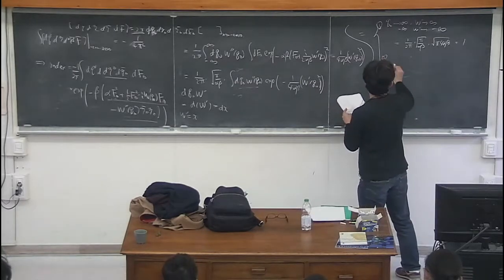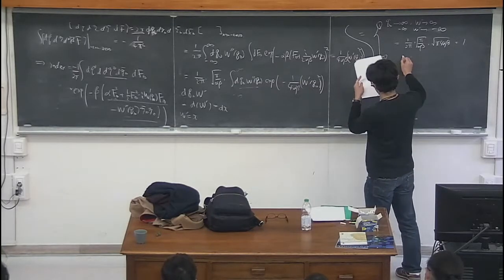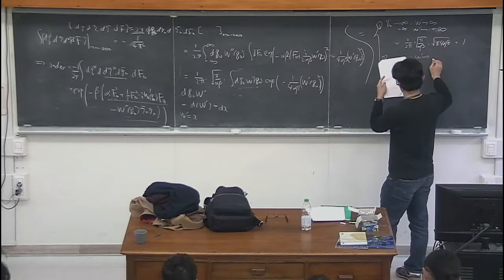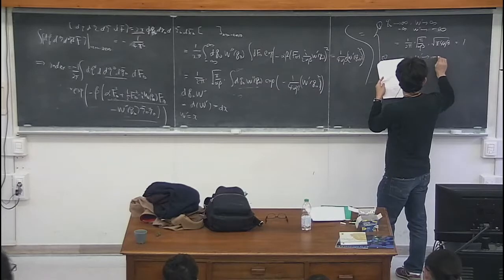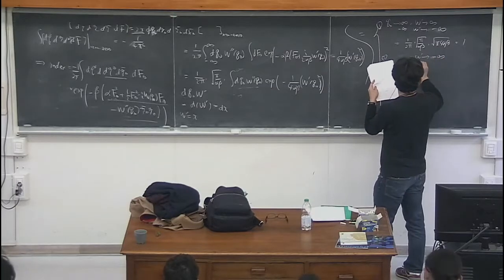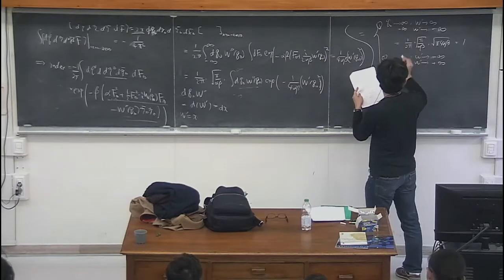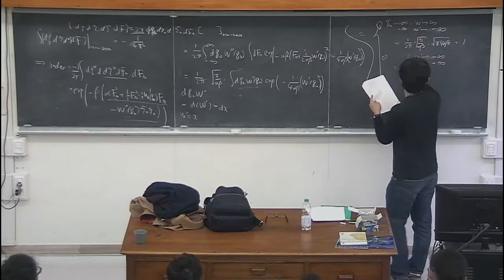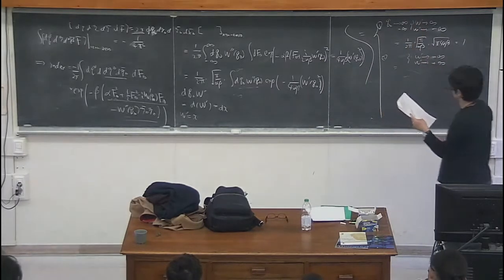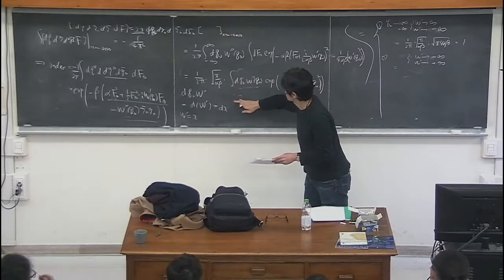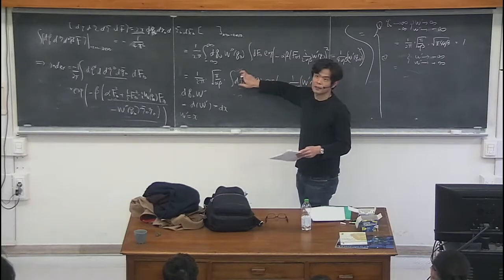And 2, if w prime is minus infinity and w prime is plus infinity, in this case, the integration is from plus infinity to minus infinity. Okay, it's reversed.